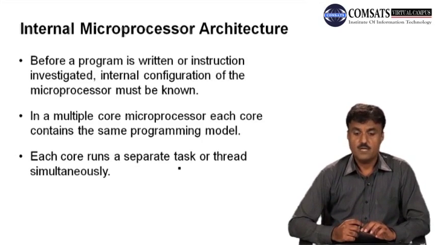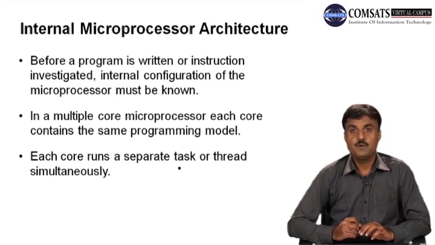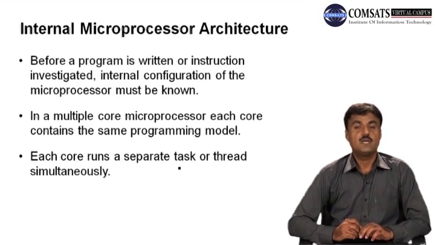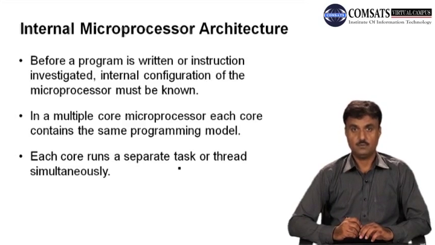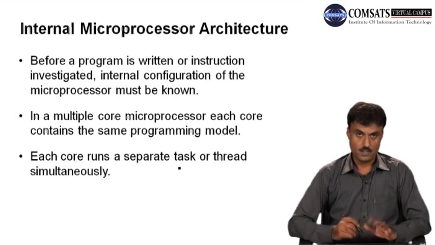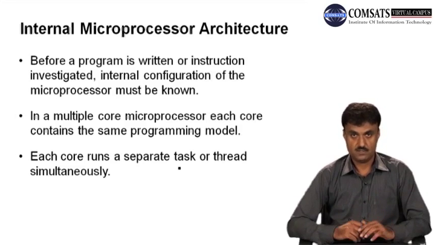In a multiple core microprocessor, each core contains the same programming model. That means if you understand the working principle of one processor, you can understand the working principle of all the cores used in the packaging or in the system.